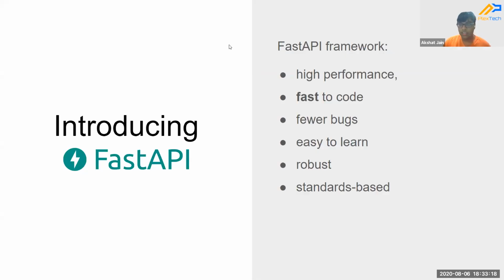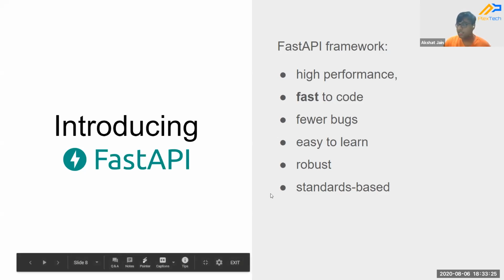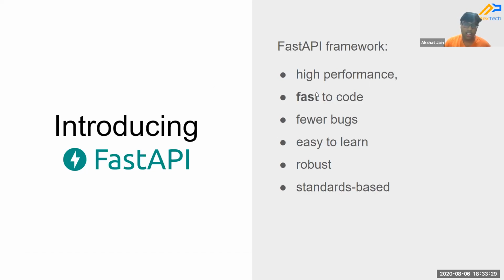Okay, and Fast API is how we're going to code all this. It's the framework in which we build this kind of CRUD REST API thing that I was just talking about. Fast API is very cool. It's very high performance, on par with Node.js and Go, and this is thanks to Starlette and Pydantic.